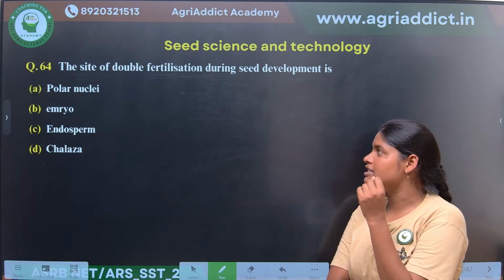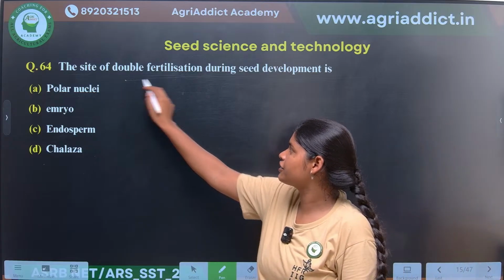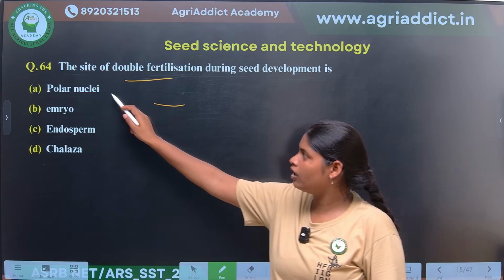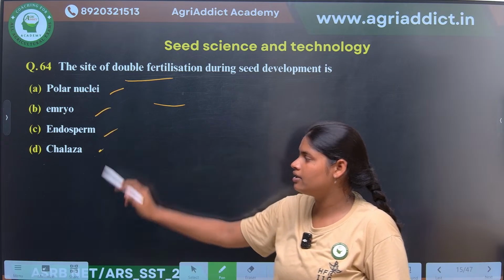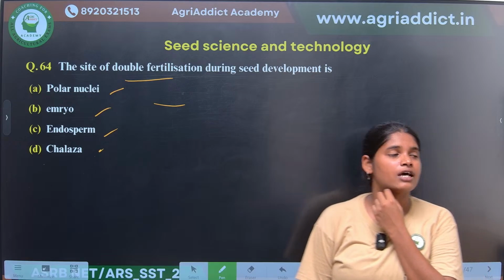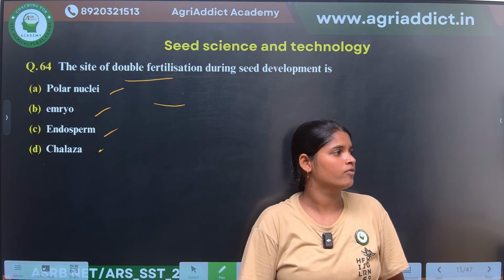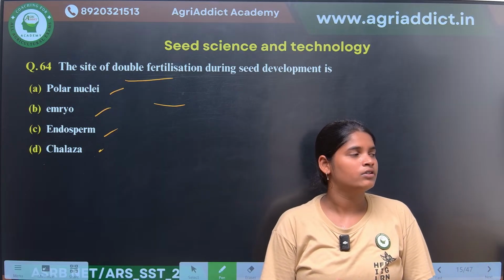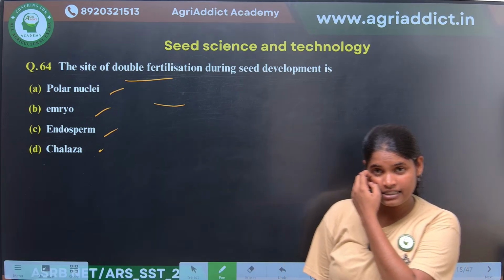The next question is, the site of double fertilization during seed development is? Options are polar nuclei, embryo, endosperm, and chalaza. Site of double fertilization in a seed.